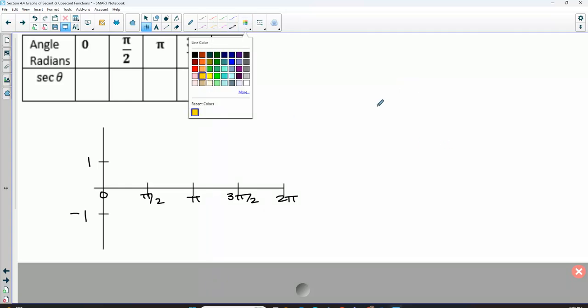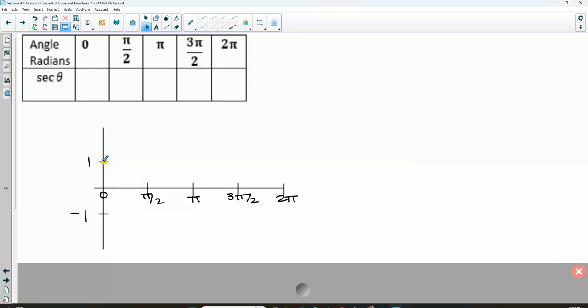It's just cosine. What's the cosine of 0? 1. All right, remember our cosine graph went 1, 0, -1, 0, 1. So this is my cosine graph.